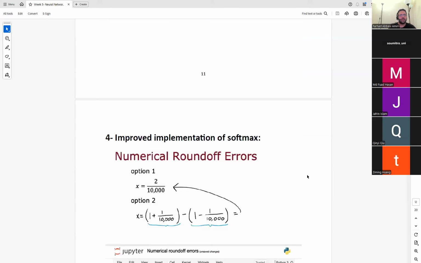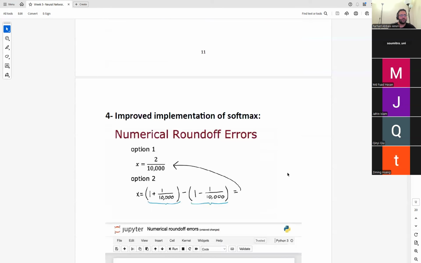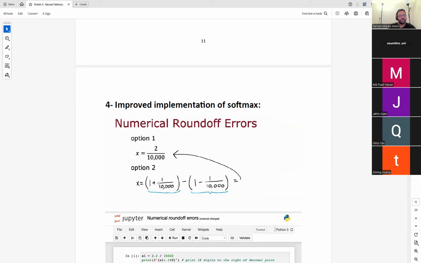Why did I say it's not an optimum way to write such code? For example, consider this fraction, 2 over 10,000. You can actually decompose this fraction in this way, right? Instead of writing directly 2 over 10,000, you can write it as 1 plus 1 over 10,000 minus 1 minus 1 over 10,000. It is exactly the same as 2 over 10,000.